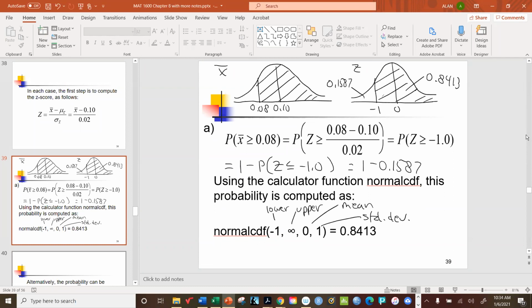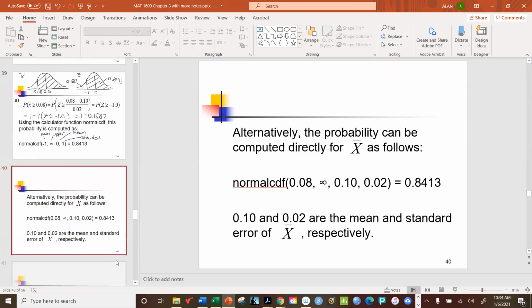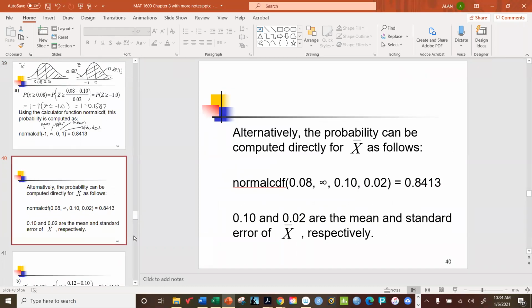In other words, this is actually only going to be valid if you're using the standard normal distribution. You could have just as easily left the numbers exactly as they were. So remember, we're looking for the probability above 0.08, which means that your lower limit is 8, your upper limit is infinity. This is the mean of the X bar. This is the standard error.